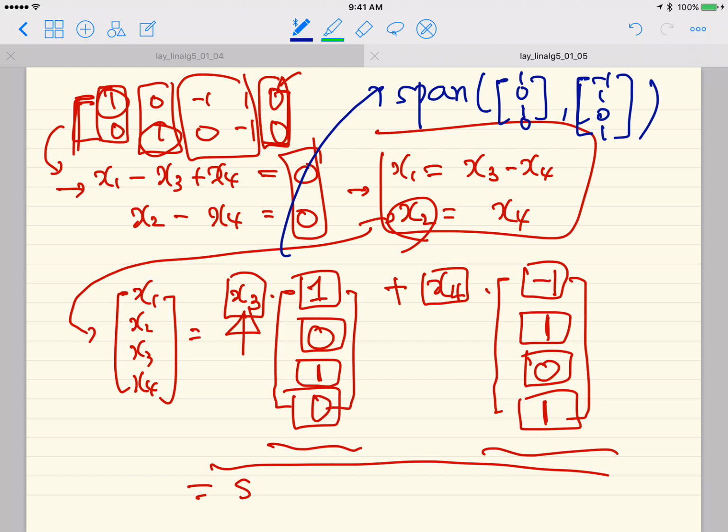Okay, so this is our solution set, which is represented as a span of these two vectors that are associated with each of these free variables.